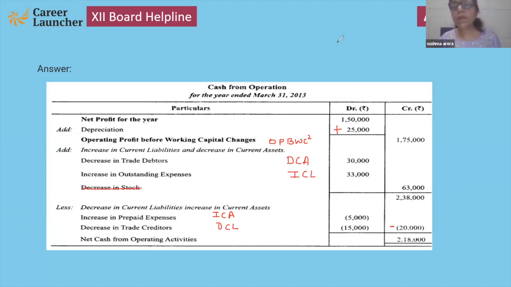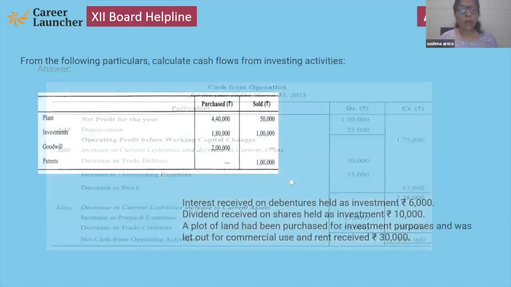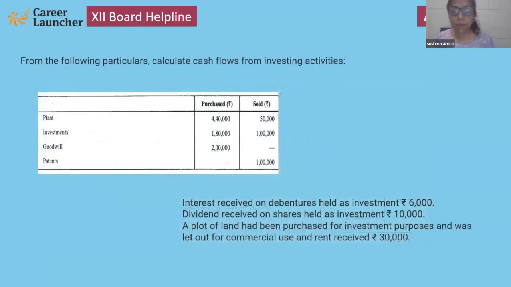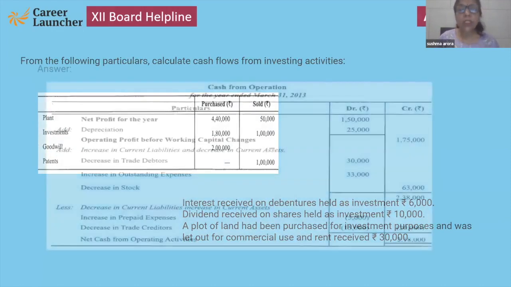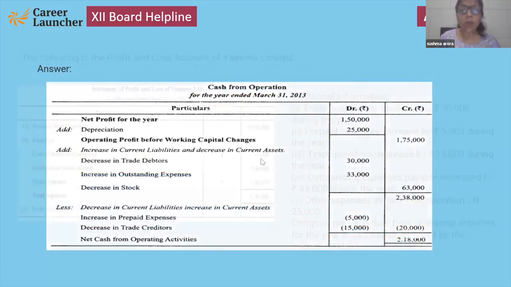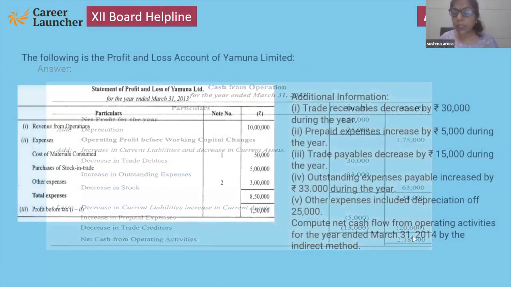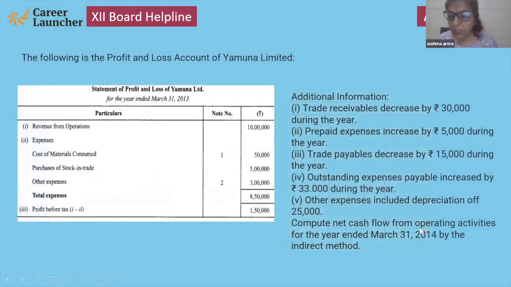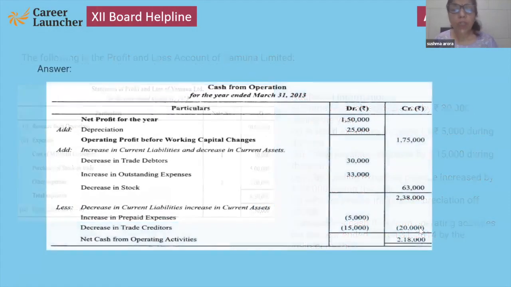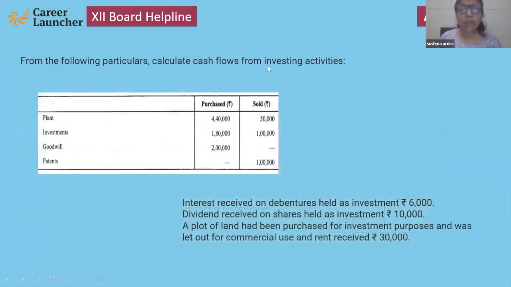Okay, now that was the question related to operating activity, clearly given as operating. Now we are moving to calculate flow from investing activity.